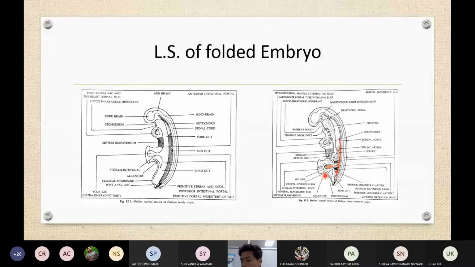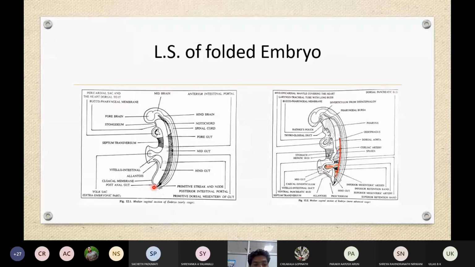Now, this cloaca is actually a double layered structure. I'll show you the double layer linings in the next pictures. And even you can see the tail gut.